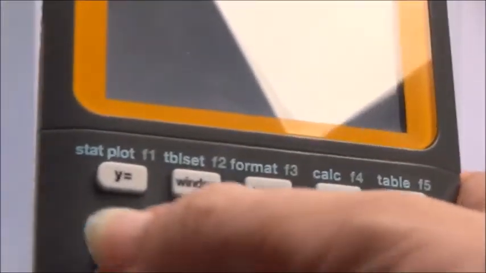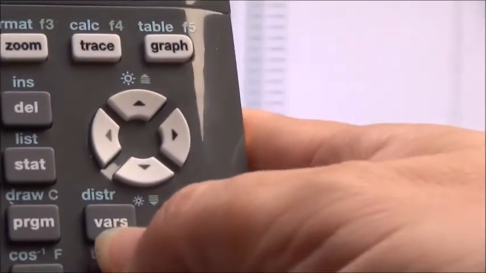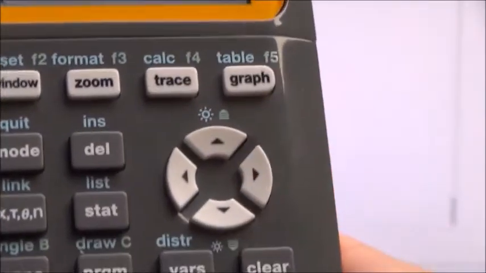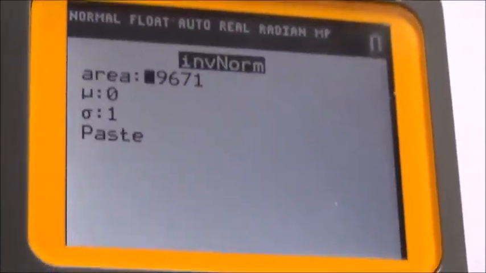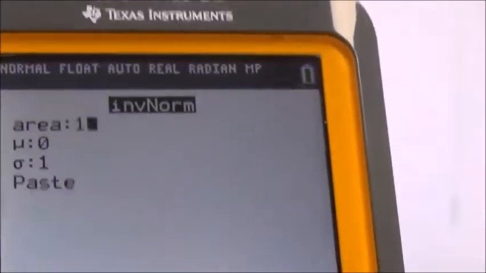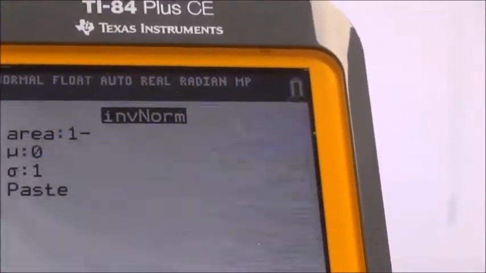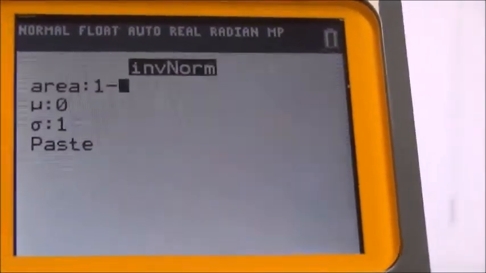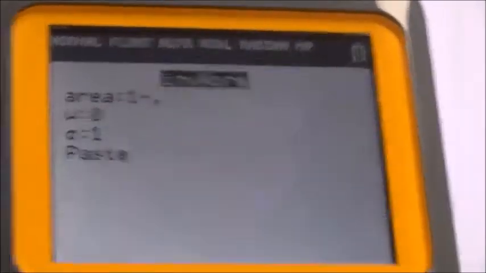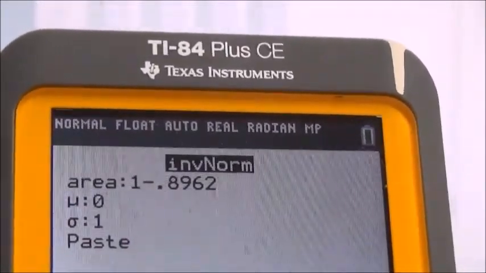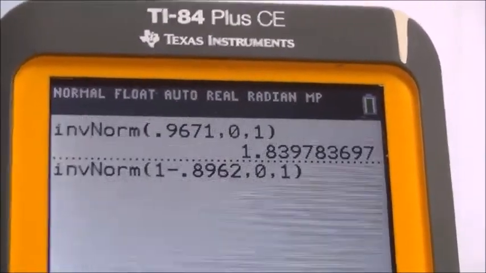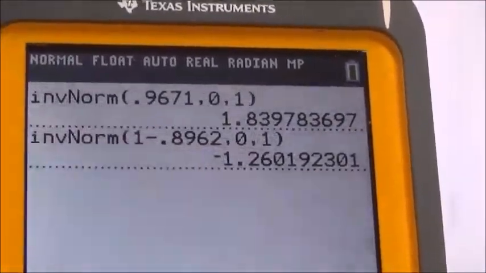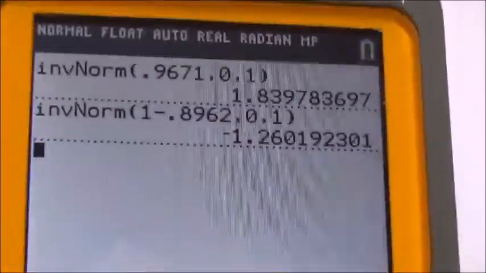So I am going to do the second function, the VARS key to get the distribution menu, number 3 to do inverse normal. And for my area, since I'm doing it to the right, I'm going to do 1 minus 0.8962 to get the area to the right. And I'm going to enter through that. And you can see that I get negative 1.26.